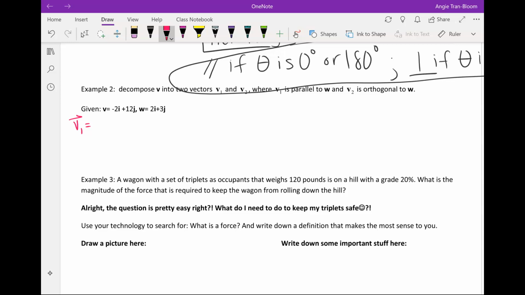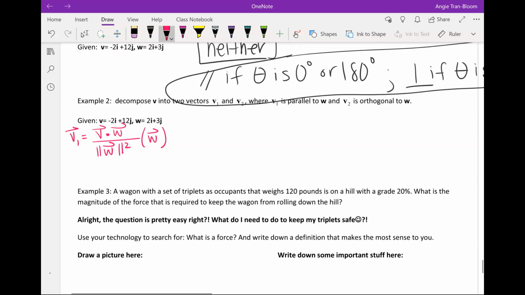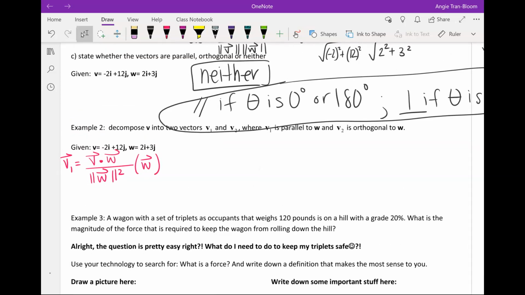The dot product of v and w divided by the magnitude of w squared, times it all to vector w. That's right. Perfect. Look at these two vectors given in example 2. Are they identical to example 1? Then do we know the dot product?